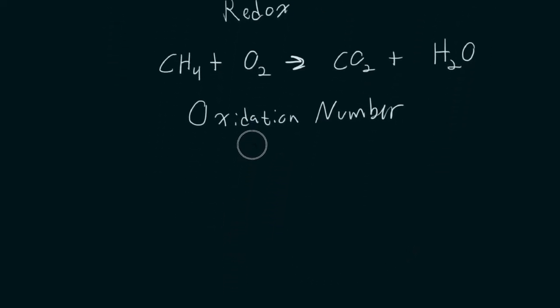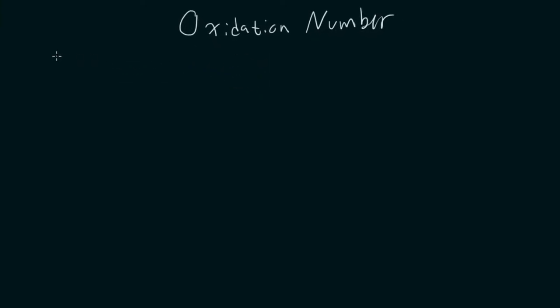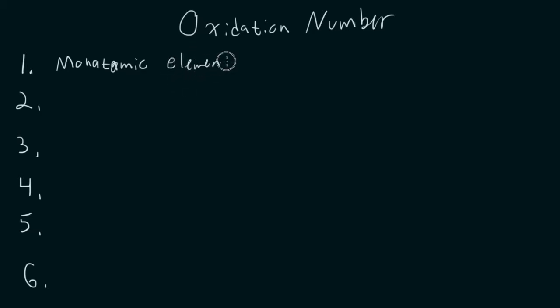There's going to be 6 of them, okay? So let's go ahead and put a numbered list here. Rule number 1. The oxidation number of any monatomic element is 0.